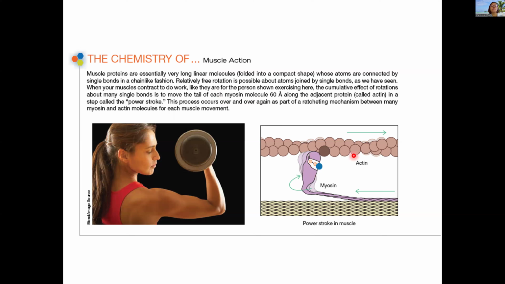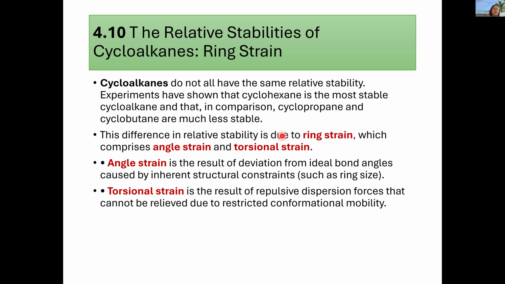So this is the muscle protein, and here you have a protein called actin, as I've said, no? And if you continuously move your muscles, many single bonds are able to move the tail of each myosin molecule here. Okay, and the process occurs over and over again as part of the mechanism. And because of that rotation.